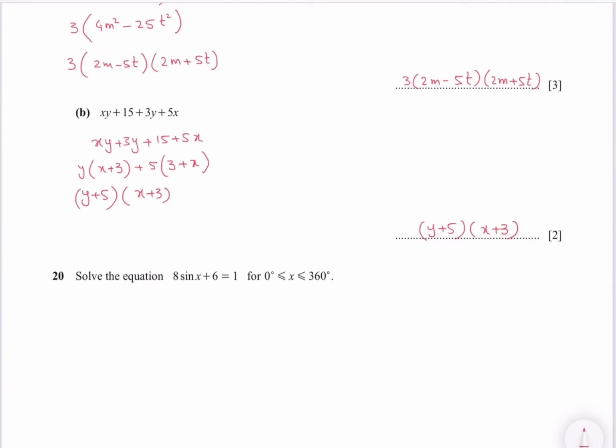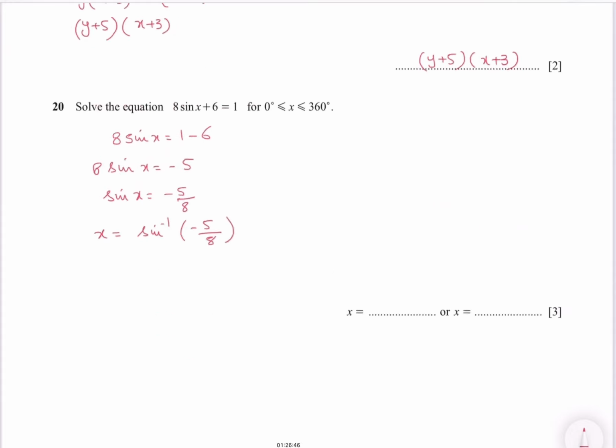Question number 20 says, solve the equation 8 sine of x plus 6 is equal to 1. So simplify it. Sine of x is equal to minus 5 over 8. So your basic angle is sine inverse of 5 over 8, which is 38.7. So negative sign means you have to see where sine is negative.